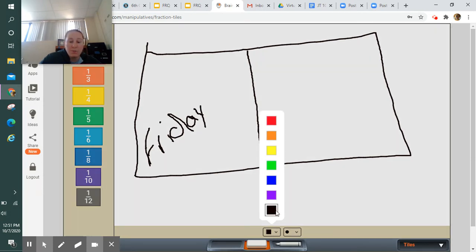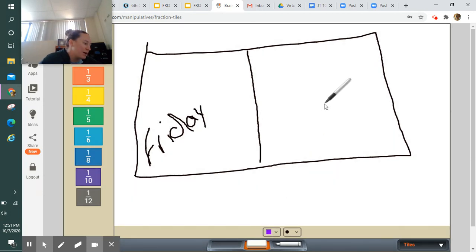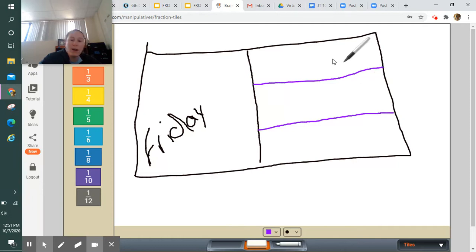I'm going to switch colors to help keep the days apart. It says on Saturday, he gave away a third of what was left. So I'm going to split this into 3 equal pieces, 1, 2, 3, and we know that on Saturday, he gave away 1/3 of that. So this is Saturday.